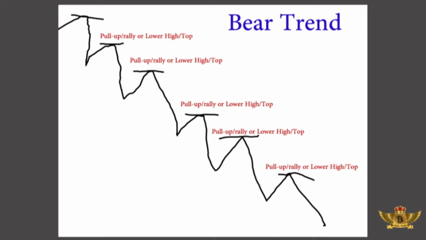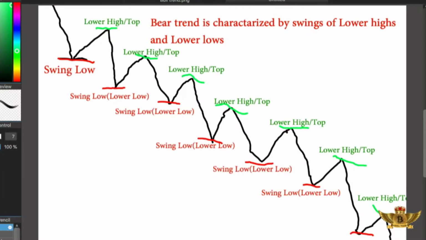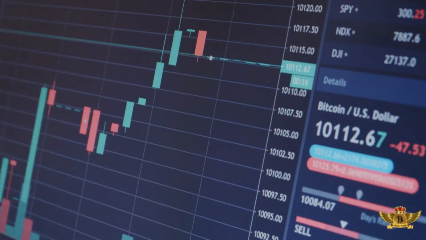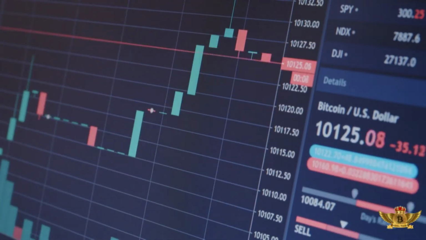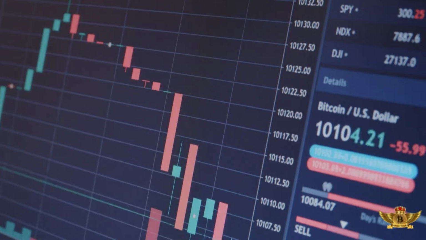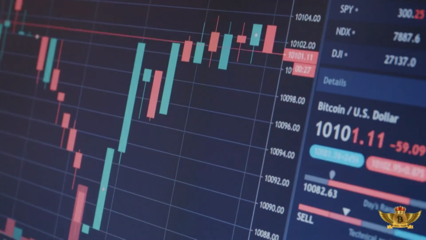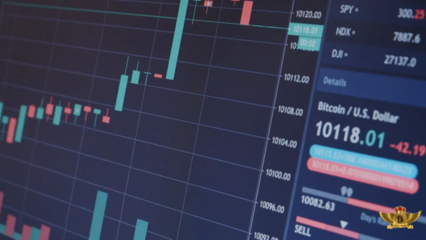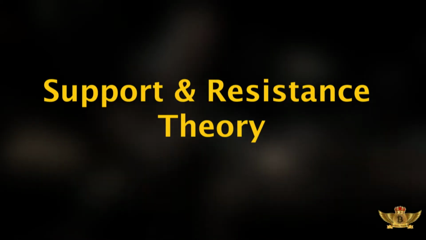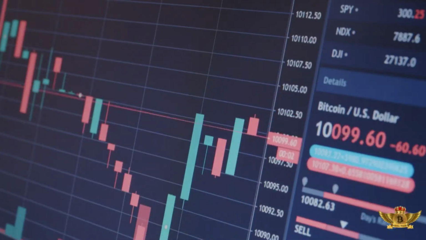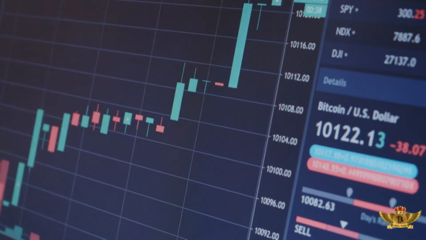In addition to the retracement theory, there are other ways we can use to get a clue if a reaction or a rally is coming to an end, and to help us determine the right time that the trend will resume for us to enter our trade, such as support and resistance. So this takes us down to understanding the support and resistance theory and how it can help us understand retracement.